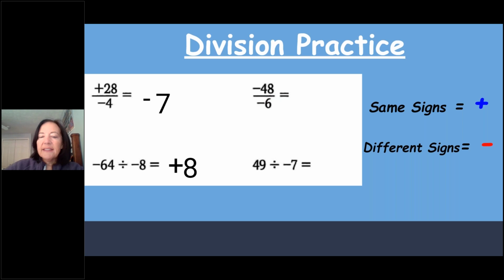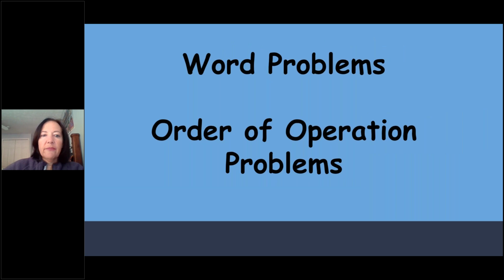Positive. Nice. And what is 48 divided by 6? 8. Correct. How about 49 divided by negative 7? It's going to be negative. And so what's the answer going to be? Negative 7. That's it.